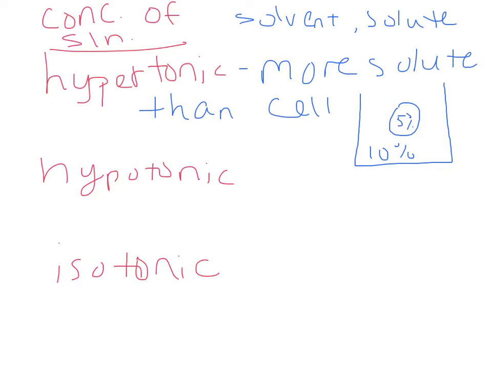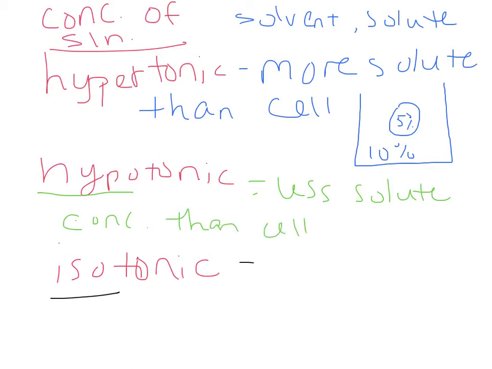Hypotonic is going to be the opposite. Remember, hypo is under or less. So hypotonic has less solute concentration than your cell. And finally, iso is the same. Isotonic solutions are at equilibrium.